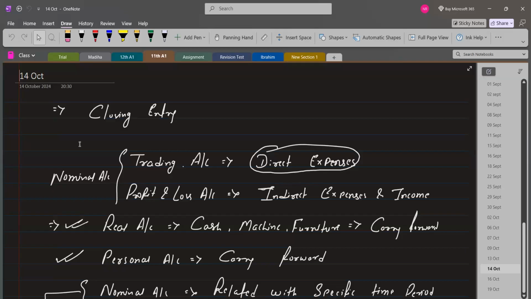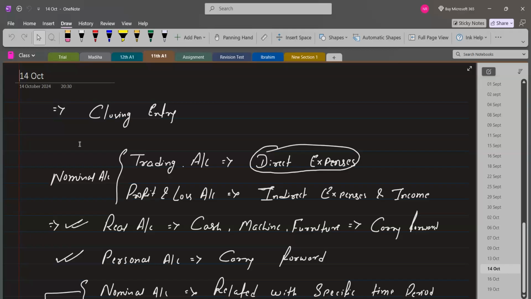And what is error of principle? An accounting mistake. Accounting mistake means mistakes which involve the rules of accounting.